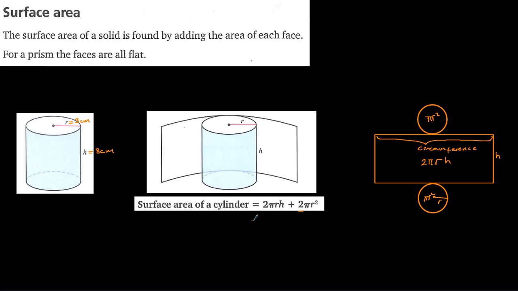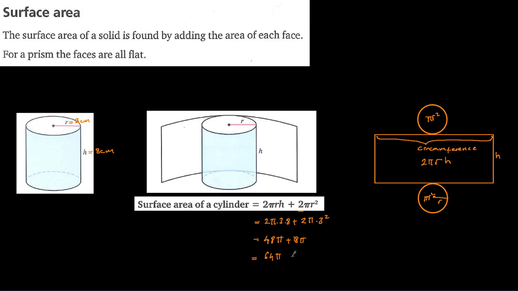If we use the formula, it's going to be equal to 2 times pi times 3 times 8 plus 2 times pi times 3 square, which is equal to 2 times 3 is 6, times 8, it's equal to 48 pi, plus 2 times 3 square, 9, that's equal to 18 pi, which is equal to 48 plus 18, it's going to be 66, so the answer is going to be 66 pi.